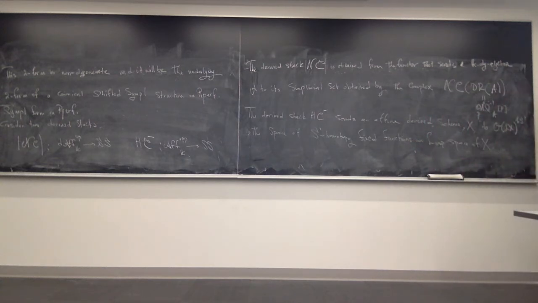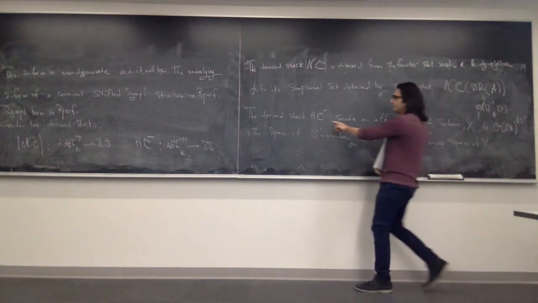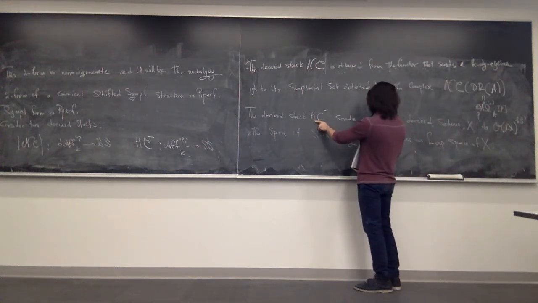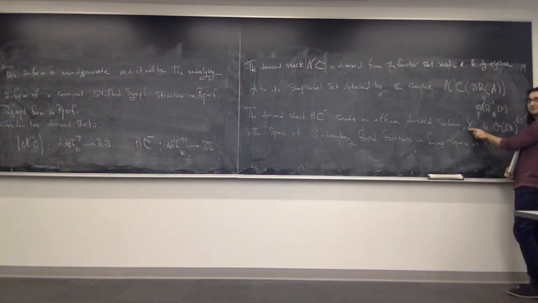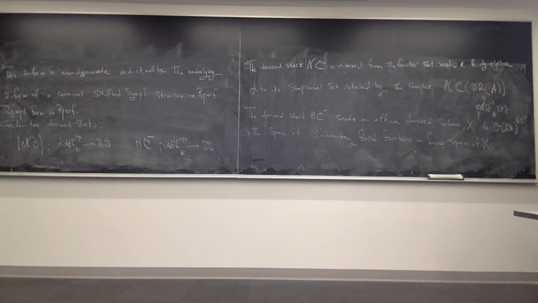This is the one that spits out for you closed forms on X, because those are S1 homotopy invariant or S1 homotopy fixed functions on the loop stack.